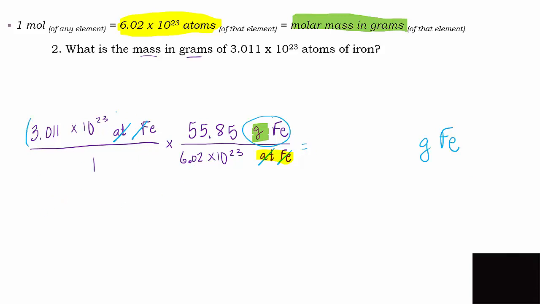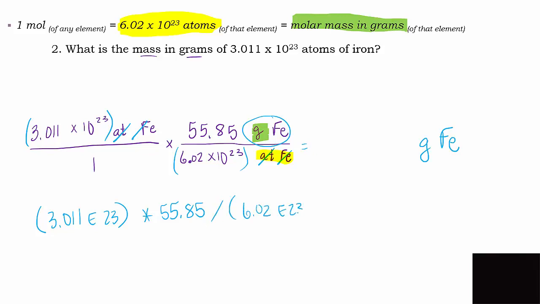I will remind you that numbers in scientific notation in a graphing calculator or a scientific calculator need to be put in parentheses, or you're not always going to get the right answer. So in this case, what we're going to type in our calculator is 3.011 E23 times 55.85, and then divided by parentheses 6.02 E23. So we multiply the top and divide by the bottom.